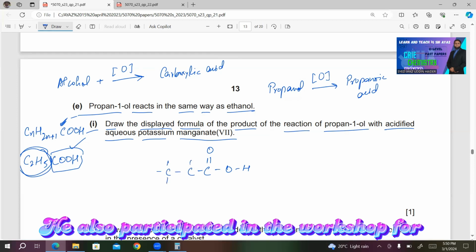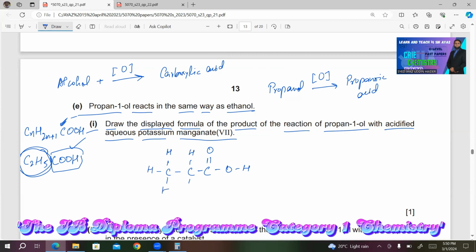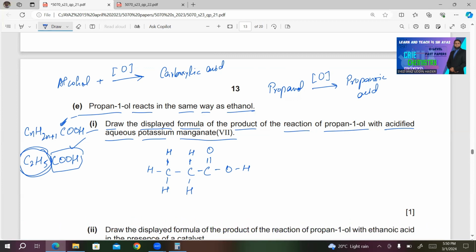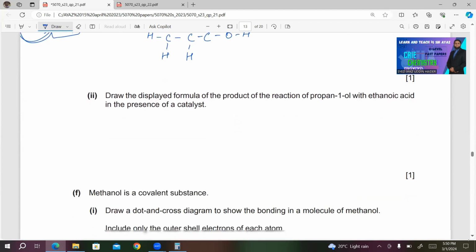Show hydrogen. 2, 3, 4, 5. The formula C2H5 COOH is fulfilled here. So this will be the final displayed formula of the product obtained when propane 1-ol is oxidized or treated with acidified aqueous potassium manganate 7.